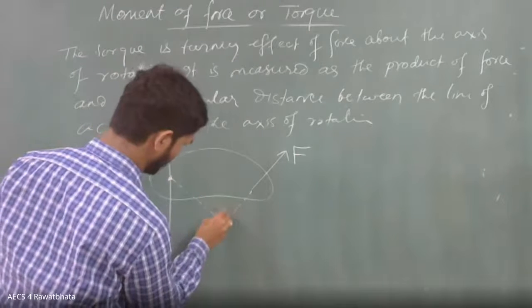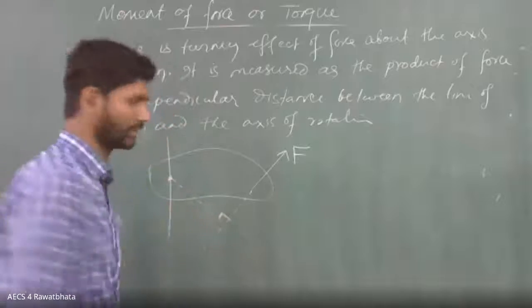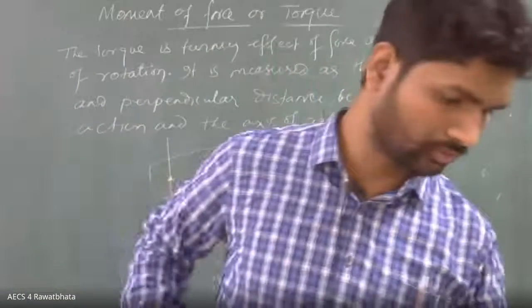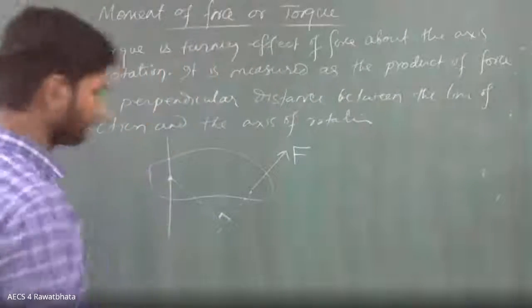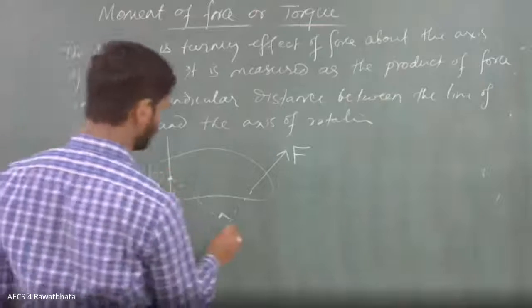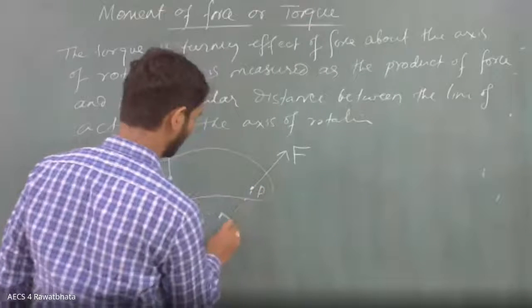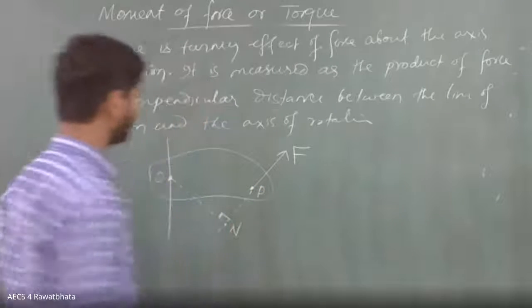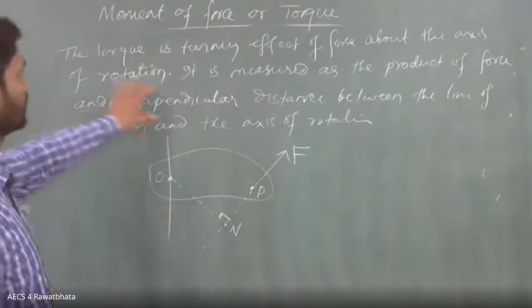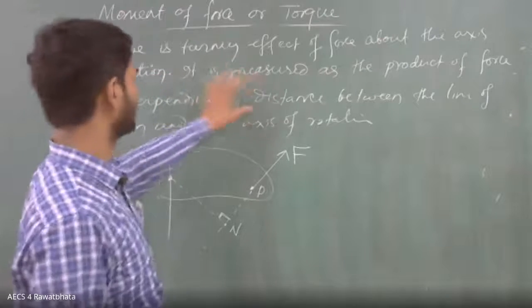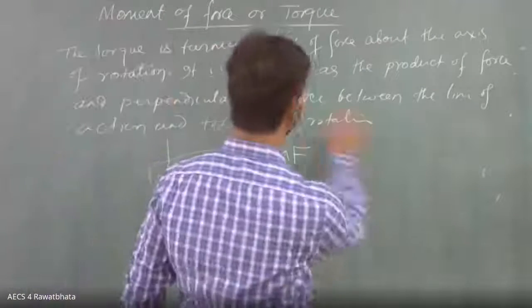So this is the perpendicular distance. Let me name these points O, P. This is point O, and suppose this is point P where the force is acting, and this is point N.